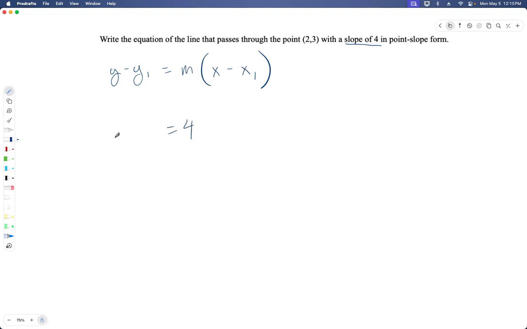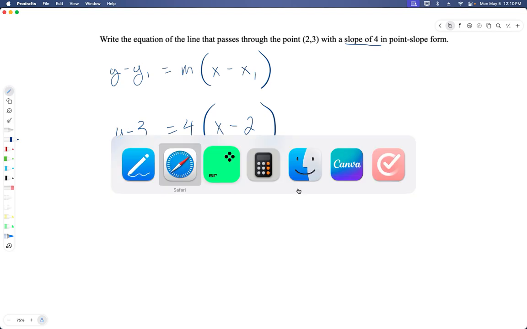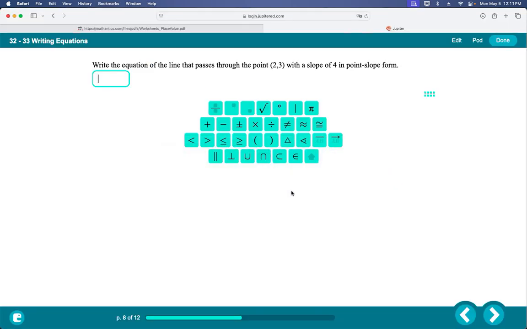M is the slope. Now we have y minus the y value, which is 3, and then the slope times x minus the x value, which is 2. So y minus 3 equals 4 times x minus 2. We'll type that in. So y minus 3 is equal to 4 times x minus 2.